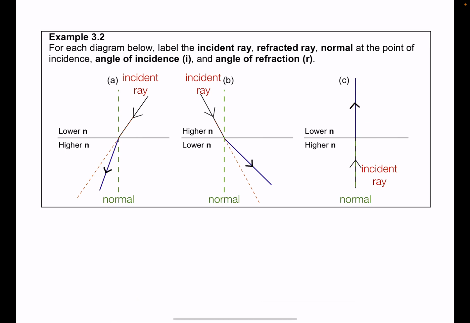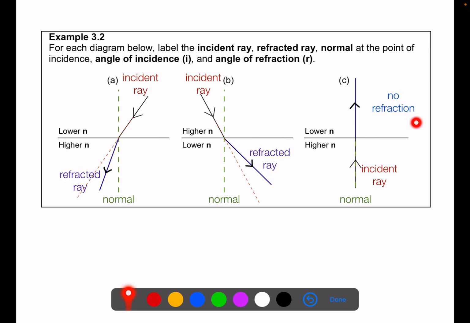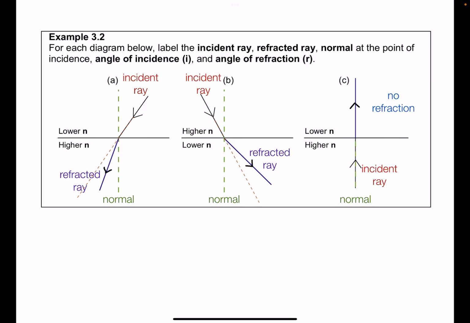Now we can label the refracted rays. In case C, there's no refracted ray because there's no refraction. Then we can label the angle of incidence, i, as well as the angle of refraction, r, both measured from the normal.